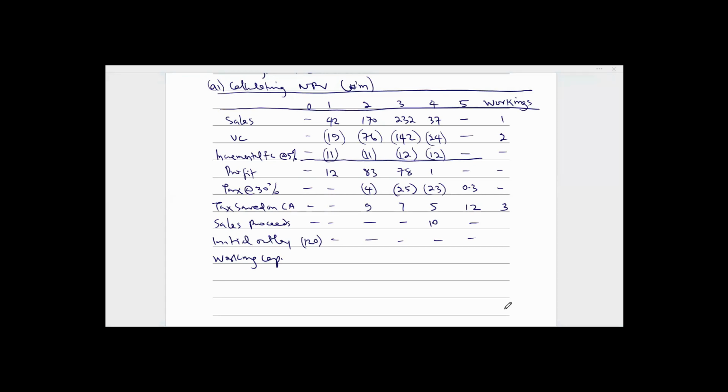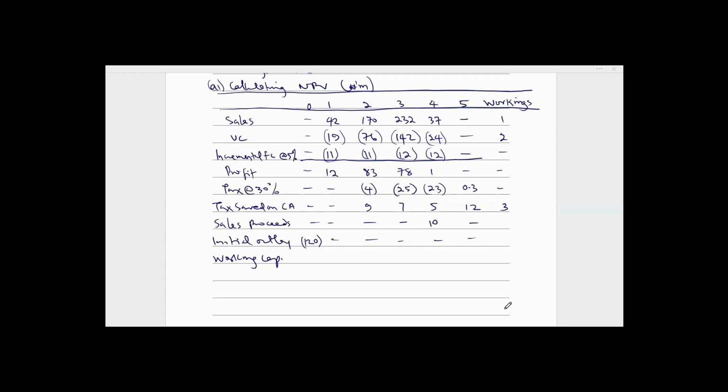The equipment is expected to be sold at the end of 4 years for 10 million naira when the production and sales cease. The average general level of inflation is expected to be 3% per year, and working capital would experience inflation at this level. What this means is that your working capital of 20 million will grow by 3%.